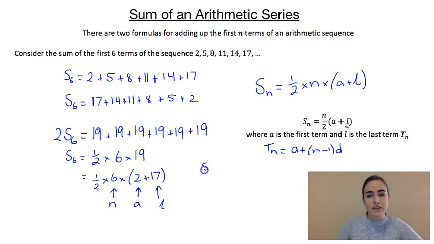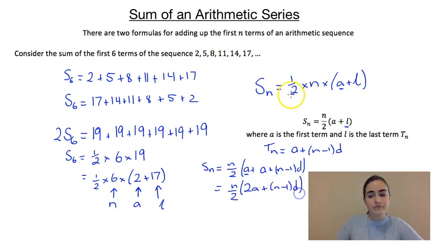So we'd end up with Sn equals n over 2, a plus a plus n minus 1 d. That's the a that was already here, with the l replaced by that whole thing. I'm going to simplify that to n over 2 outside of 2a plus n minus 1 d.